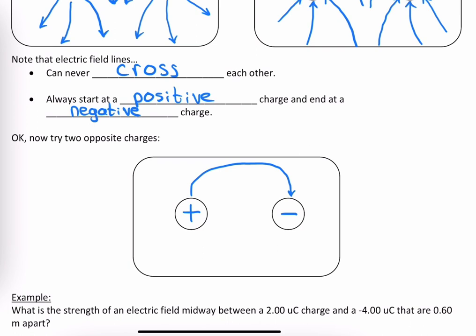We can kind of continue this pattern to draw some field lines in the rest of this space here. Directly in between the two charges, my field lines will just go like that. And we can kind of continue this idea as we go around.